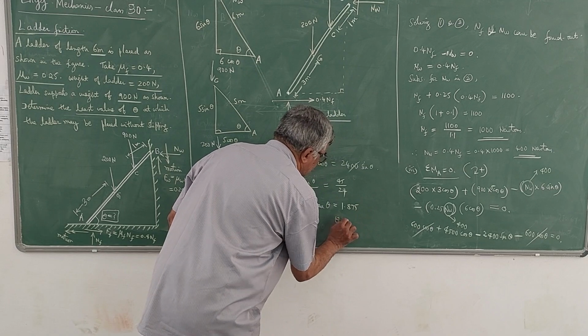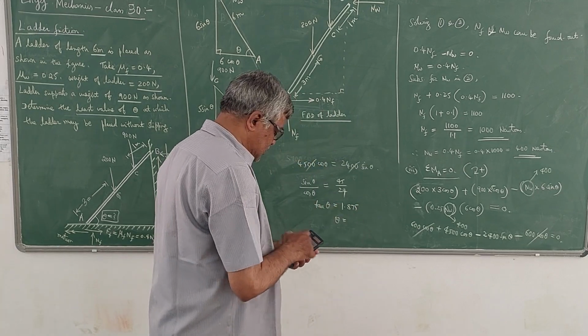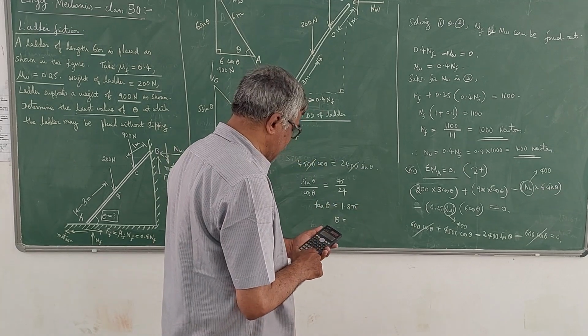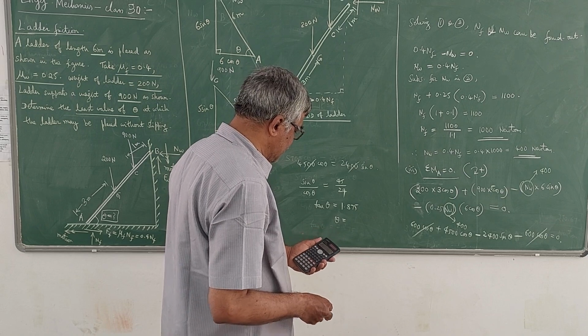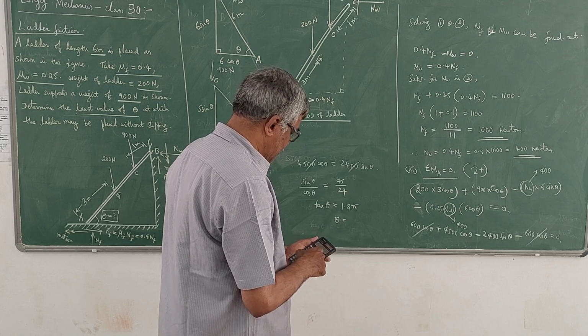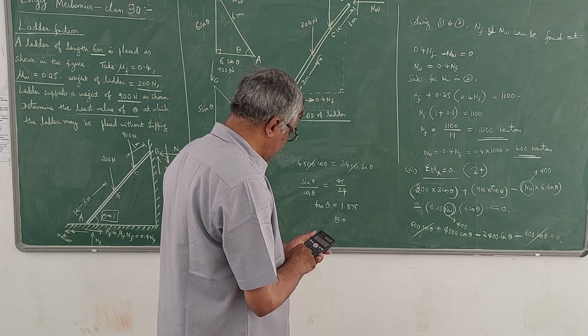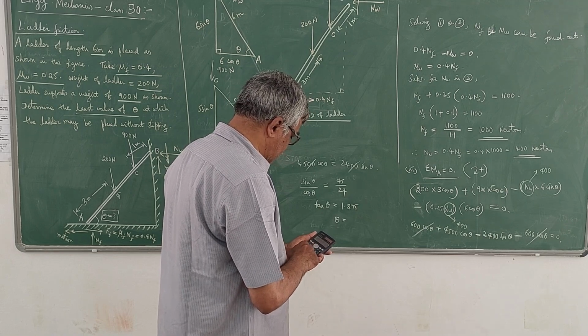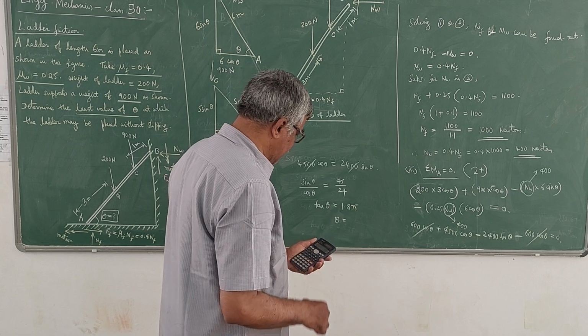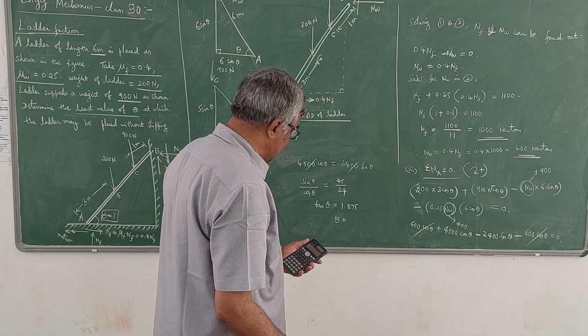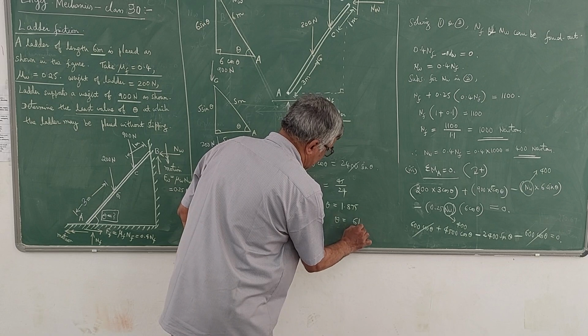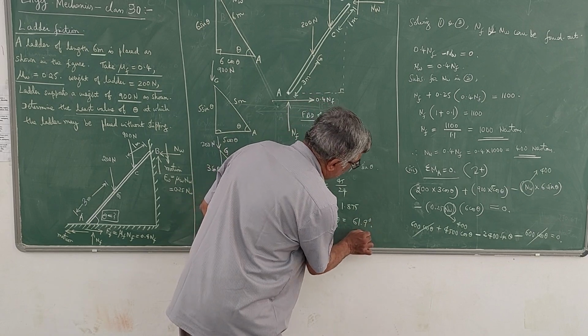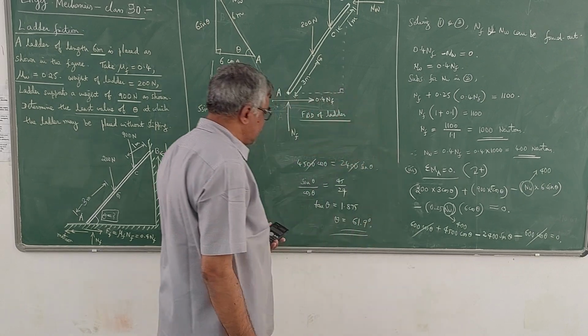Therefore theta is equal to tan inverse of 1.875, which is 61.9 degrees.